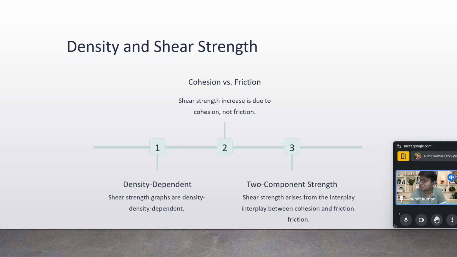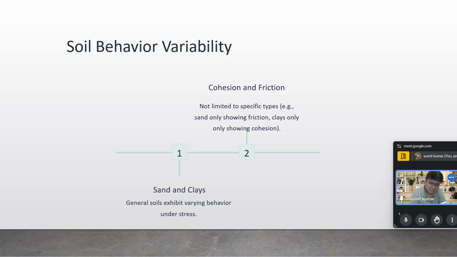Similarly, when we talk about the two-component strength, the shear strength arises from the interplay between cohesion and friction. The behavior of soil varies differently for sand and clay, and general soil exhibits varying behavior under stress. When we talk about cohesion and friction, it is not limited to a specific type, that is, sand only showing friction or clay only showing cohesion.